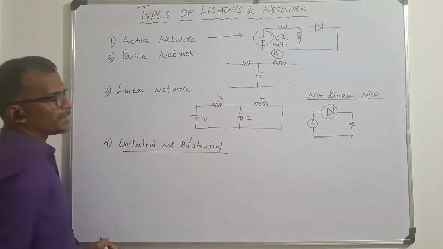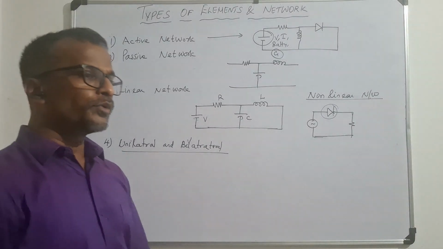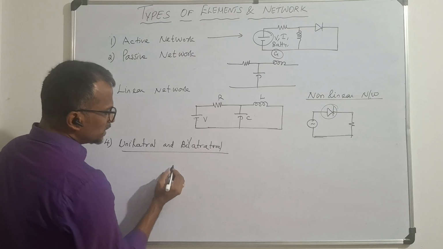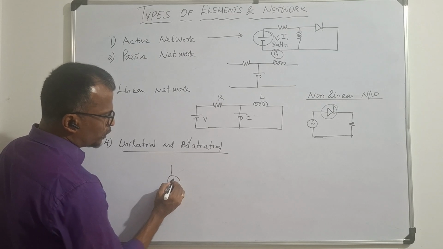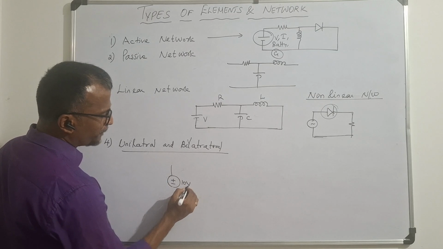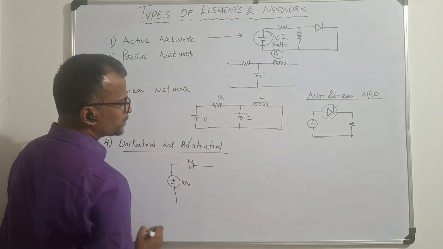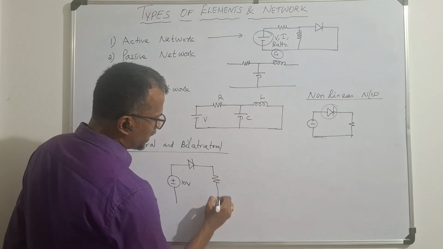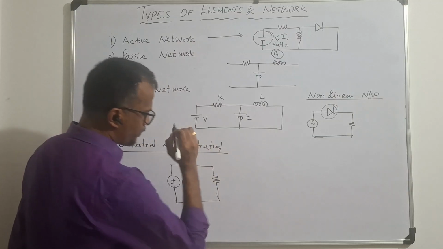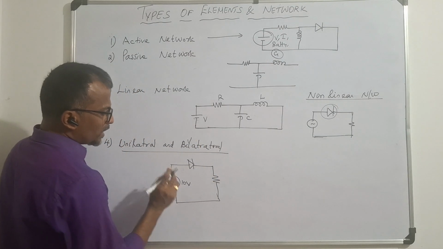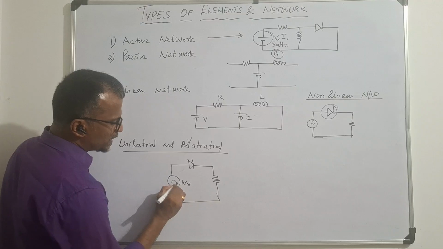Unilateral and bilateral network. What is meant by a unilateral network? For example, if I give a voltage of 10 volt and connect it to one diode and a resistance like this, you can take this as the AC source.